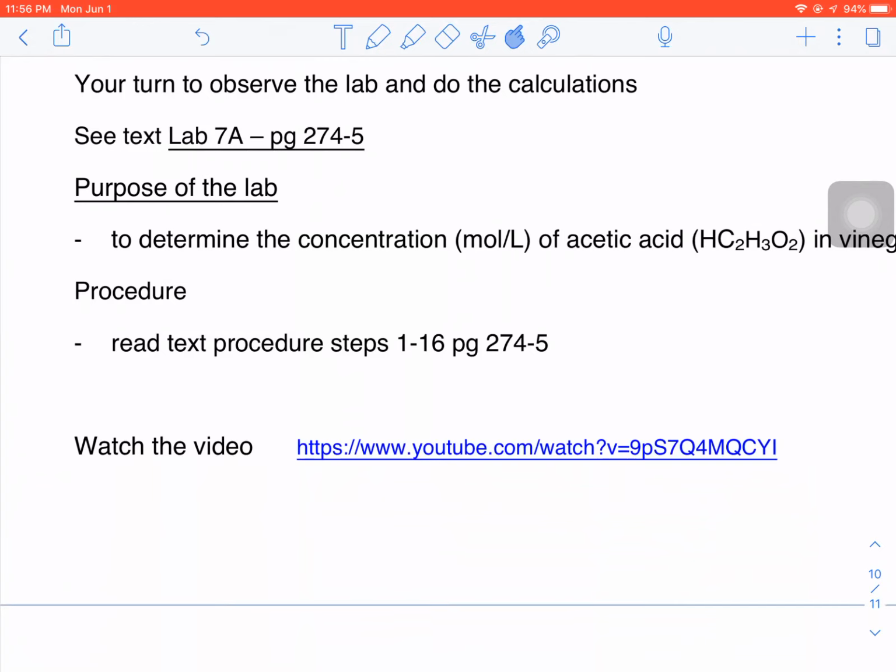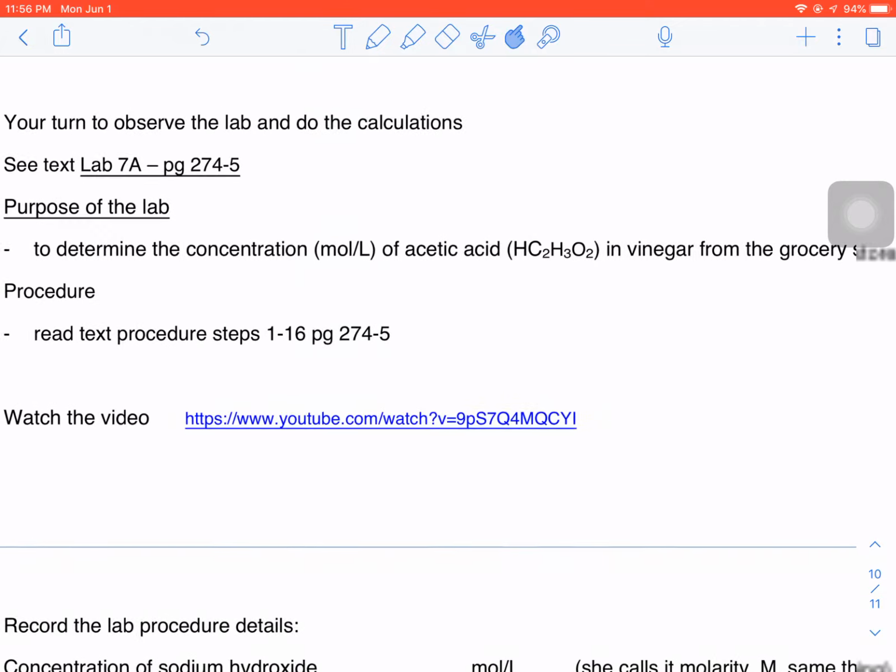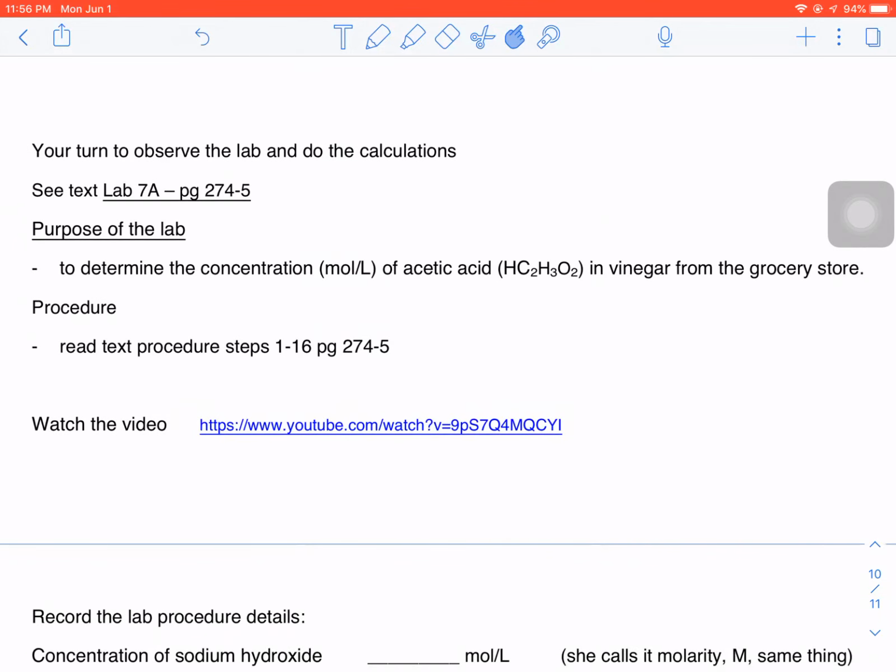The goal here is to find the concentration of an acid, which is acetic acid, the acid in vinegar. So the question is, how many moles of acetic acid are there in a liter of vinegar that you would buy from the grocery store?